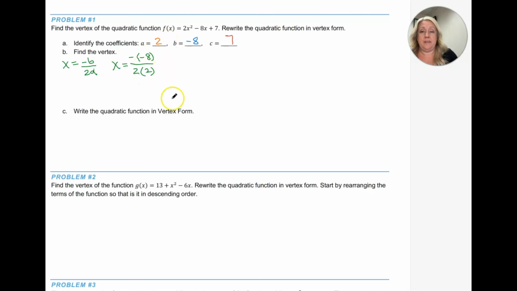Let's keep simplifying this so we can figure out what our x-coordinate of our vertex is. We'll have a positive 8 on the top and a positive 4 on the bottom. So that means x equals 2 after I divide those. So that is my x coordinate of my vertex.